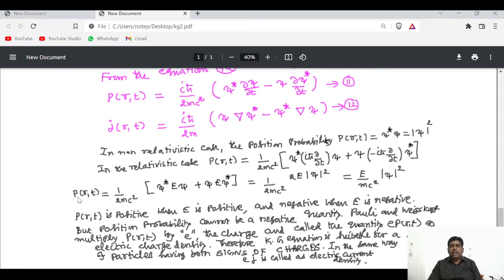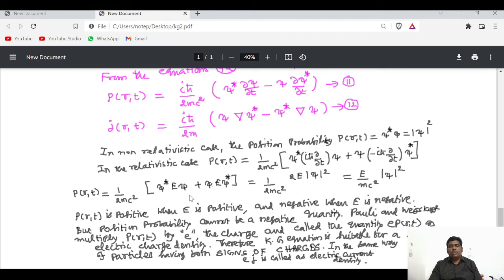But P of r comma t cannot be a negative quantity, so P of r comma t is not called a position probability. e may have different values at different places. Therefore, instead of calling this P of r comma t a position probability, multiply P of r comma t by the term e, then e into P of r comma t is reinterpreted as electric charge density.